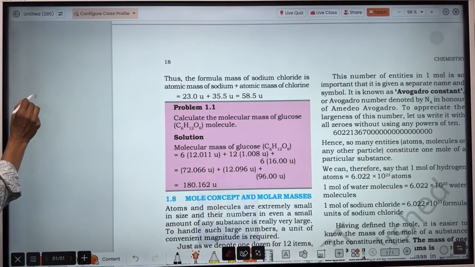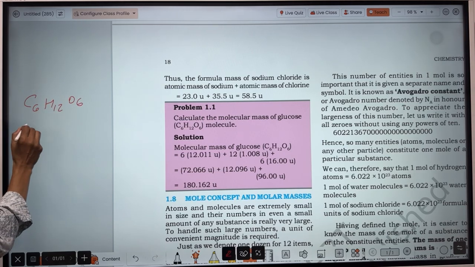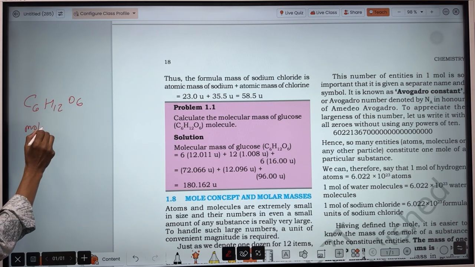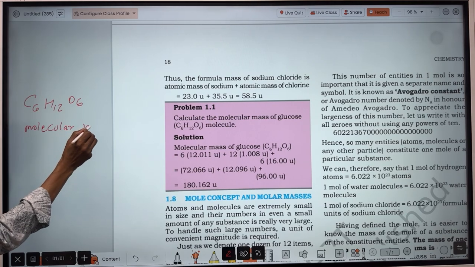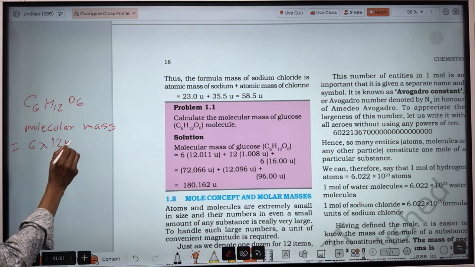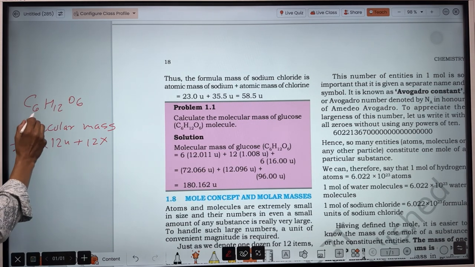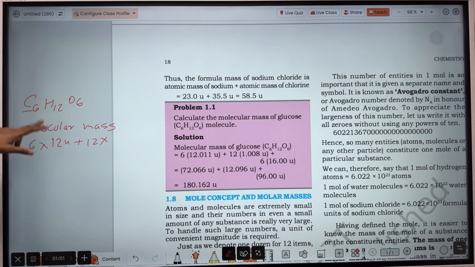Glucose, the molecular formula is C6H12O6. So its molecular mass will equal 6 into the atomic mass of carbon, and the atomic mass of carbon is 12 u. So 12 u, because there are 6 carbon atoms, that's why 6 into the atomic weight of carbon, that is 12 u, plus there are 12 hydrogen.